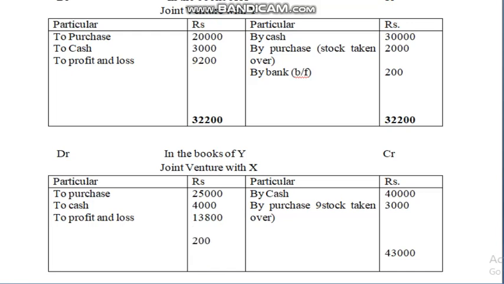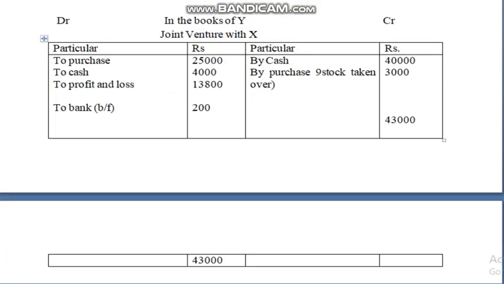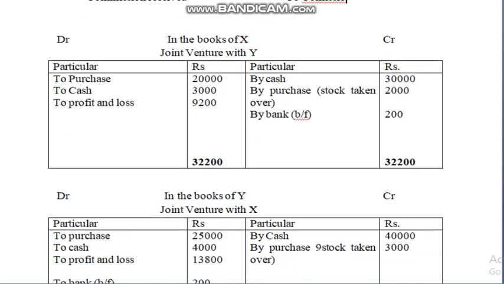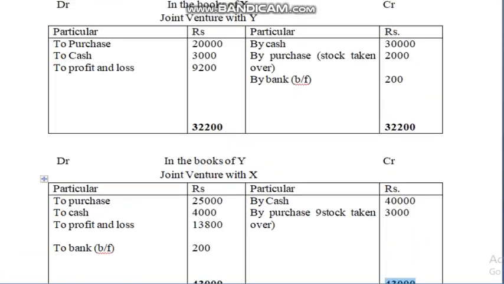This will be considered as balancing figure, to bank account, in bracket B bar F. So total is 43,000 and the balance figure will be 200. This is the solution of problem number 4.